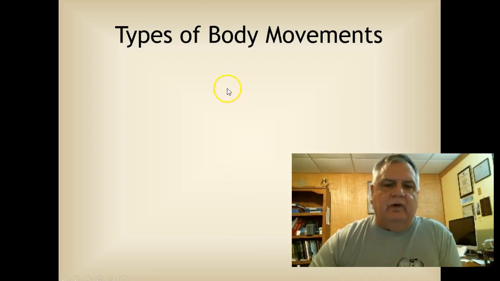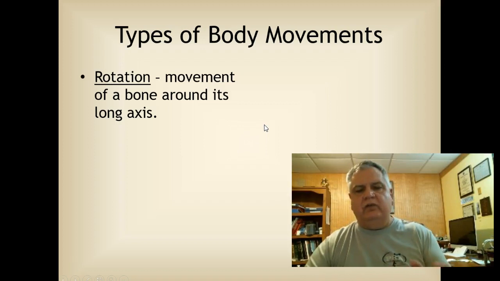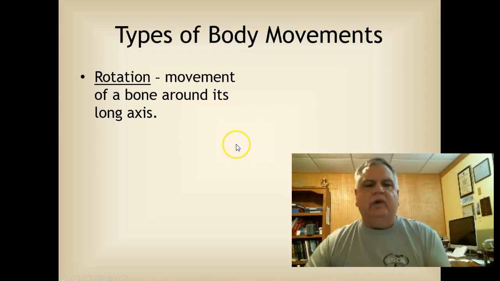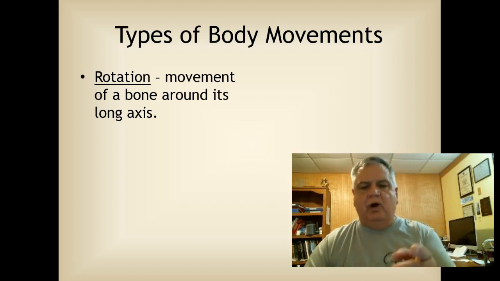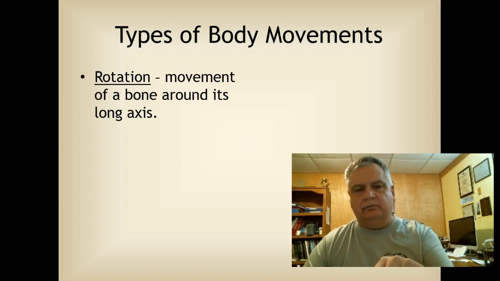The next type of body movement that we have, these two don't necessarily work in conjunction with one another. They're singletons. The first one we have is what we call rotation. Rotation is the movement of a bone along its long axis or around its long axis. So the bone is kind of spinning along its length.